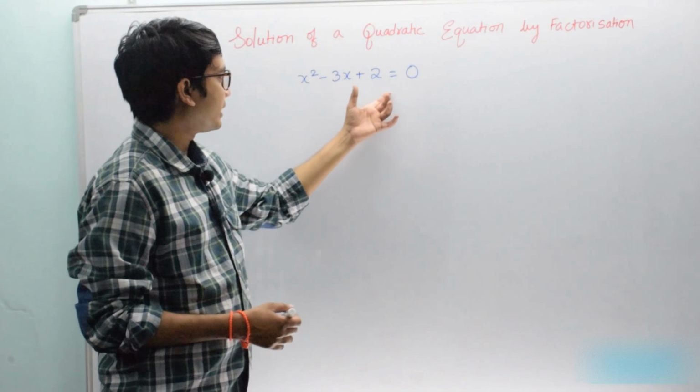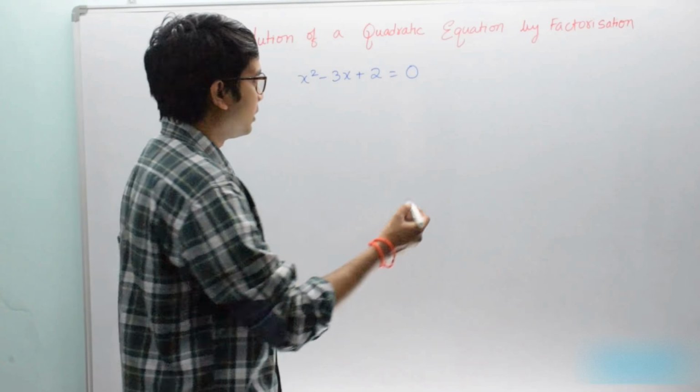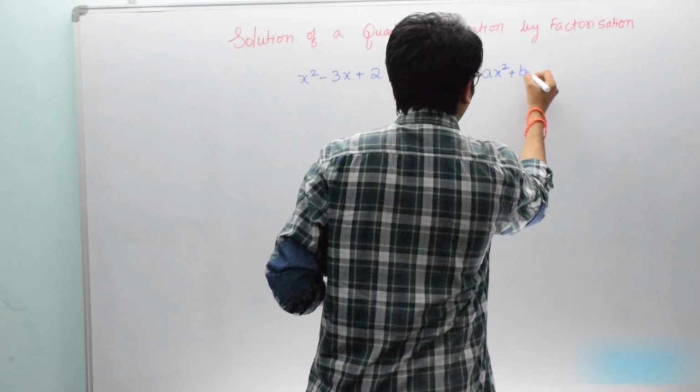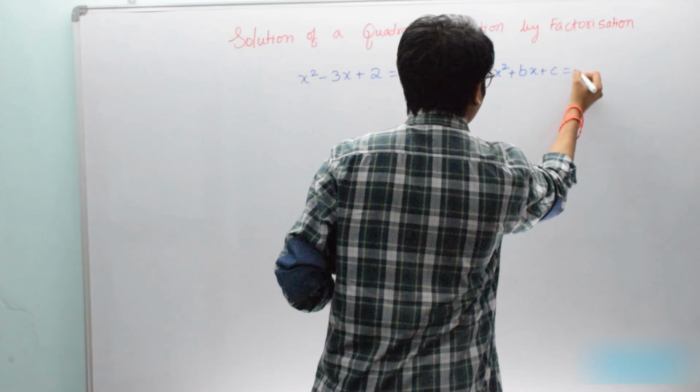So this is the quadratic equation we have. In general, the quadratic equation is ax square plus bx plus c equal to 0.